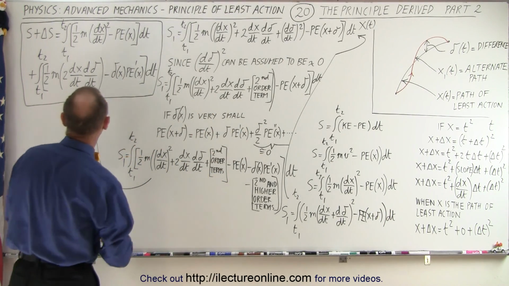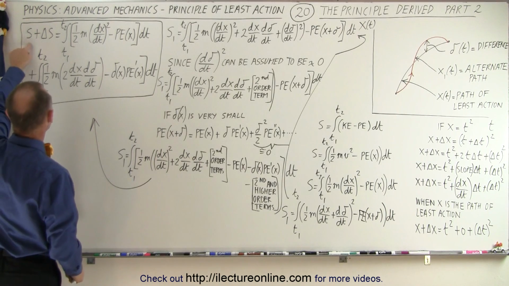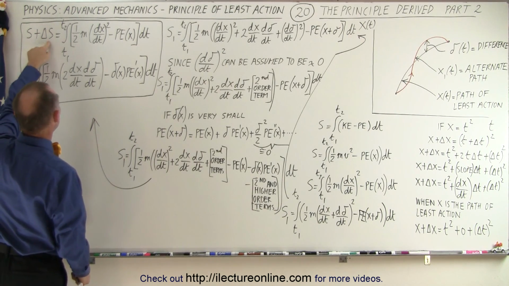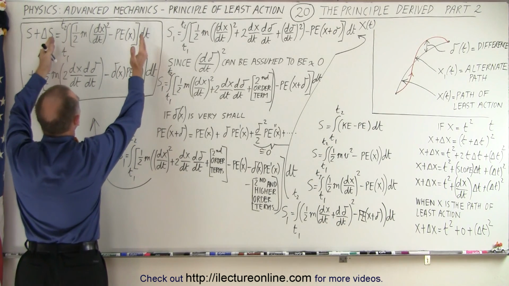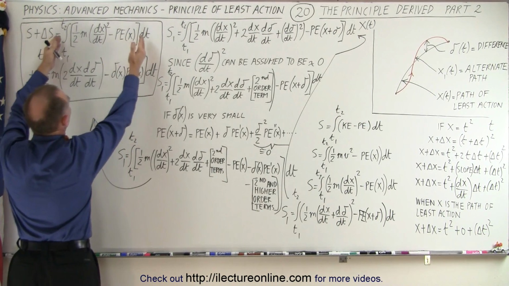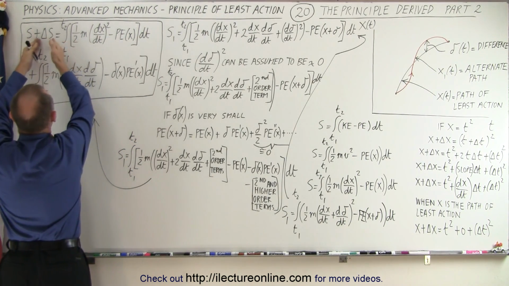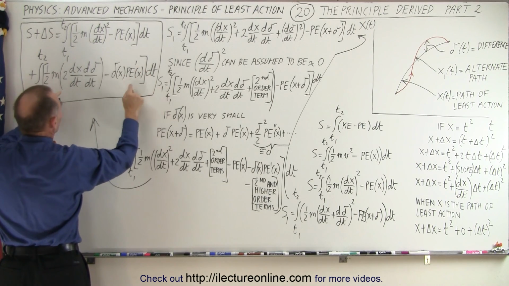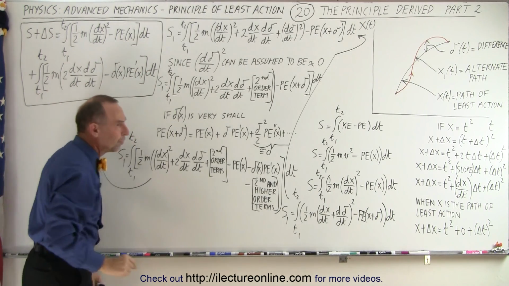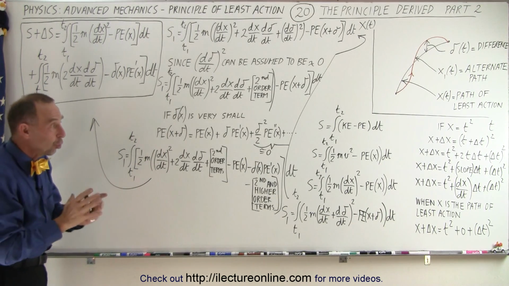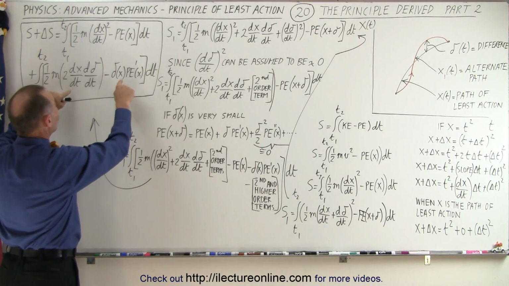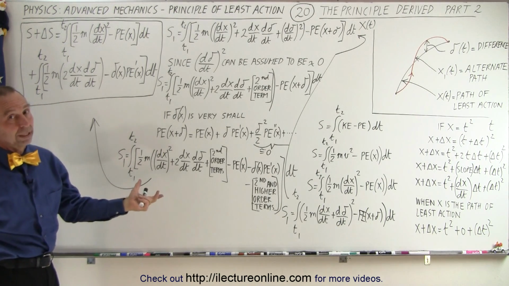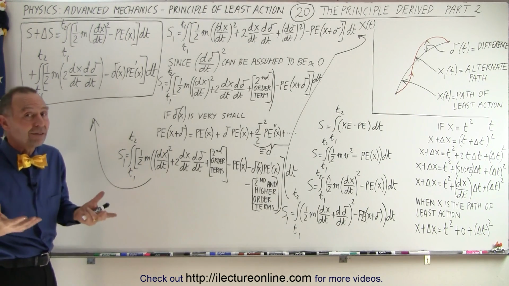So essentially, what we can say is that this becomes the path of least action plus the change to that integral: S is equal to this integral, and delta S is equal to this integral, those two additional terms. Now, if we chose truly the path of least action, then those two terms should go to zero, because that's what we mean by the path of least action.